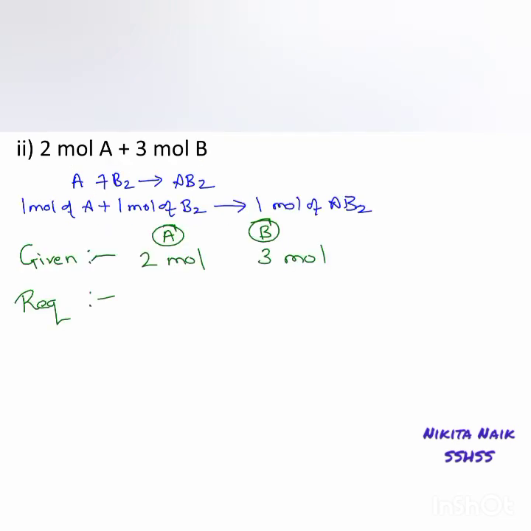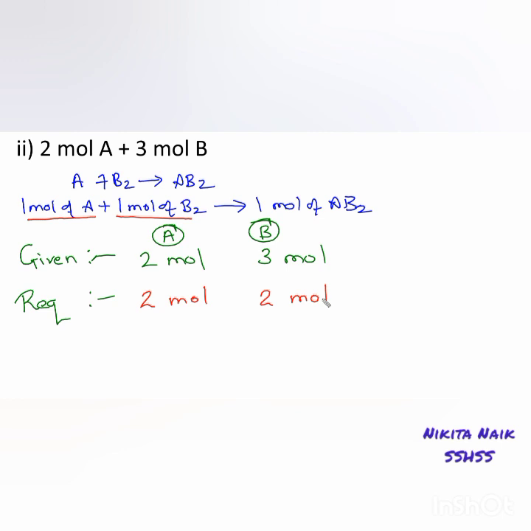So 1 mole of A requires just 1 mole of B2. Then 2 mole of A will also require 2 mole of B2 for the complete reaction to occur.